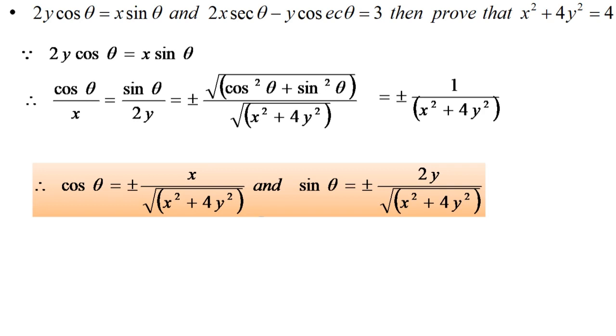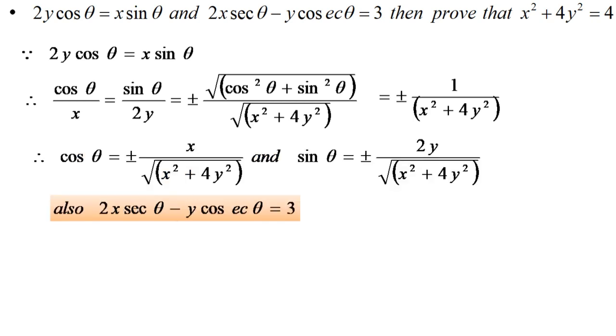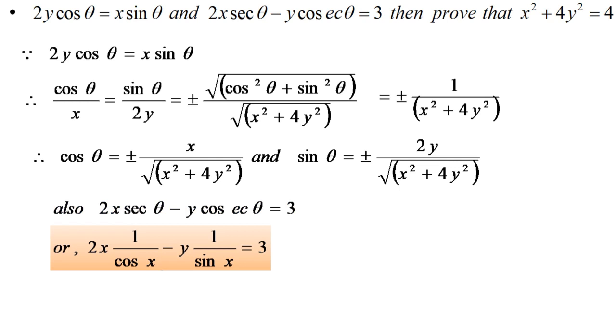Now in the problem, 2x sec theta minus y cosec theta equals 3 is given. We know sec theta equals 1 by cos theta and cosec theta is equal to 1 by sin theta. Then put the value of sec theta and cosec theta, we get 2x into 1 by cos theta minus y into 1 by sin theta equals 3.